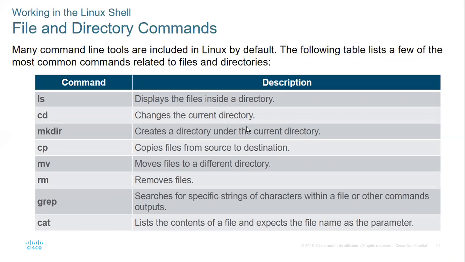If you want to move from one folder to another folder, use the command cd. If you want to create a directory, this command, mkdir, is for creating a directory. For copying files from source to destination is cp, copy.